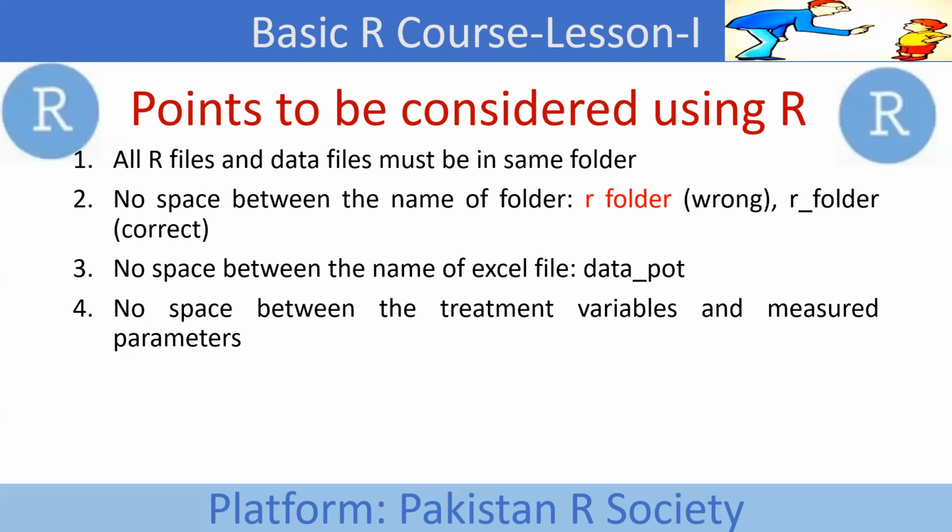Do not give space between the variable names. Your treatment variables and parameters should have an underscore, like plant underscore height, max underscore height, and so on. Write a single name or give an underscore between the two names. Do not give any space.